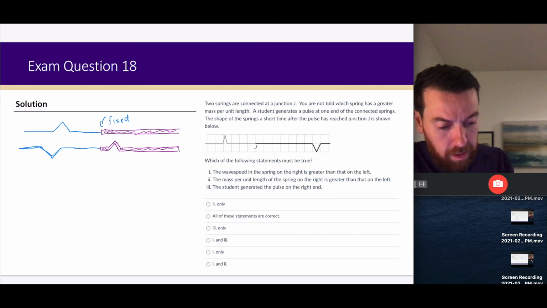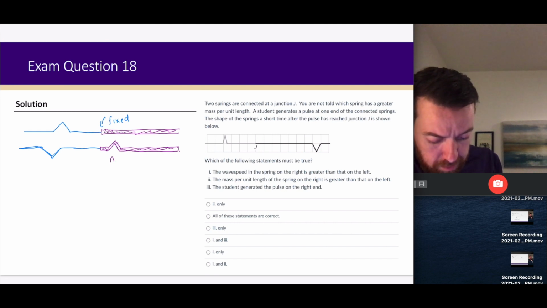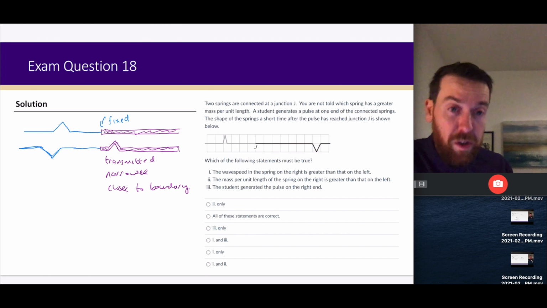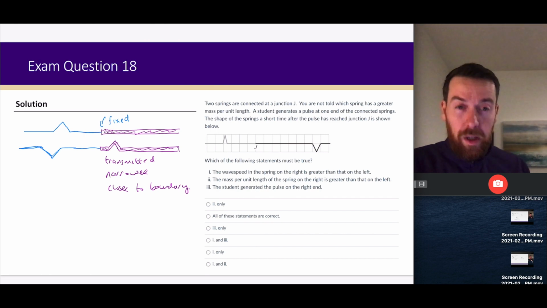So the key things here: the transmitted pulse is narrower and closer to the boundary. We know it's moving slower in that material. The leading edge of the transmitted and the leading edge of the reflected are created at the same time, but they move at different speeds.